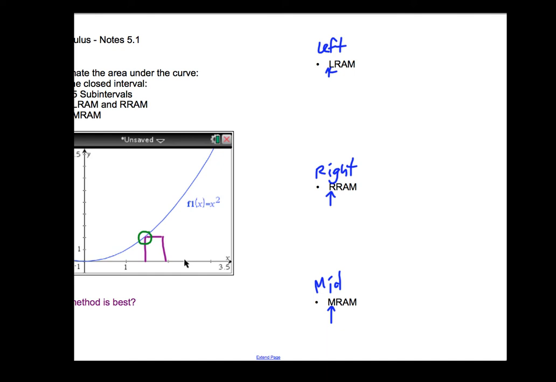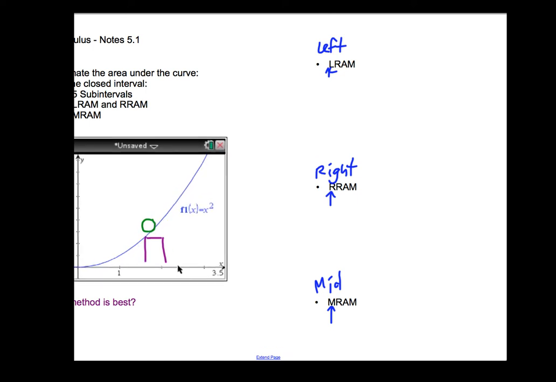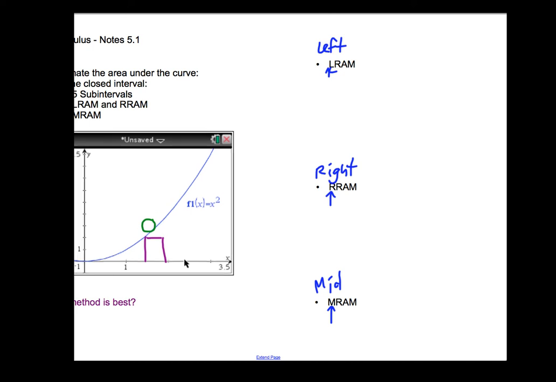Guess what RRAM does? RRAM takes that same rectangle, but now instead of touching the left-hand corner, it touches the right-hand corner. So what's going to happen is I'm going to have a curve, and remember we did, let me lock this guy.